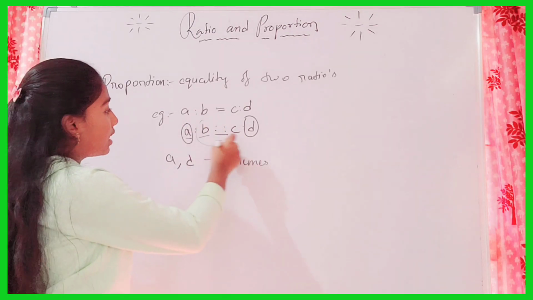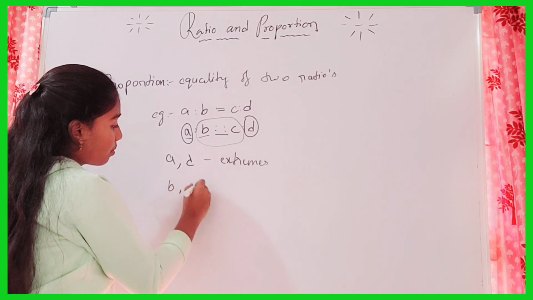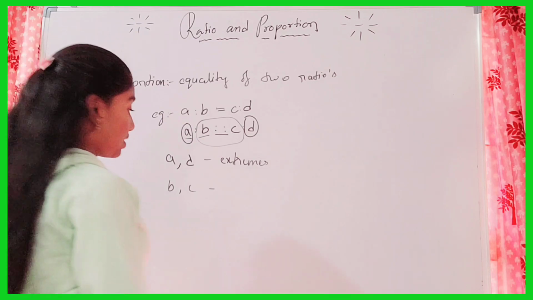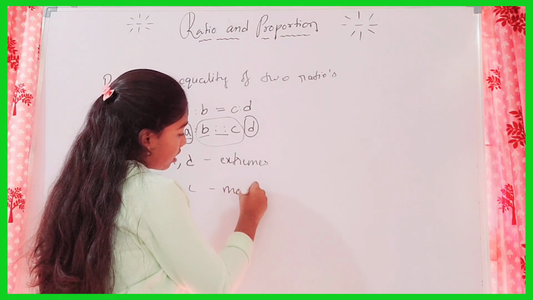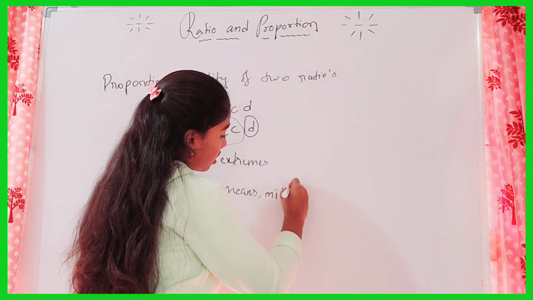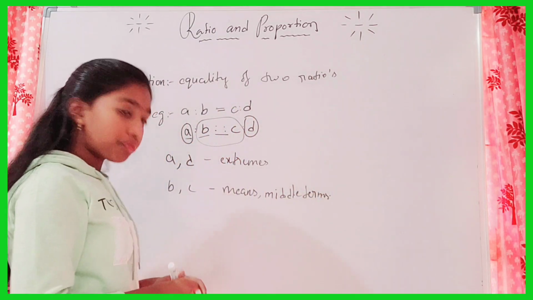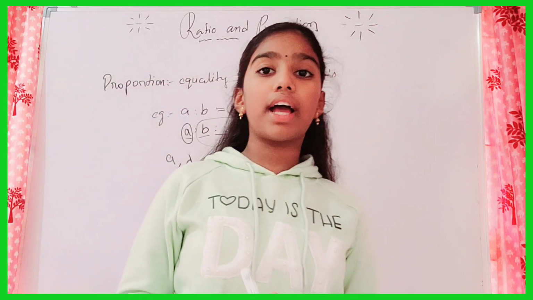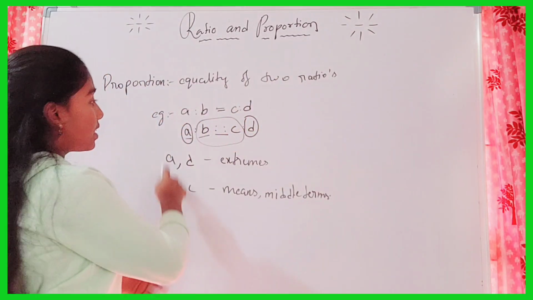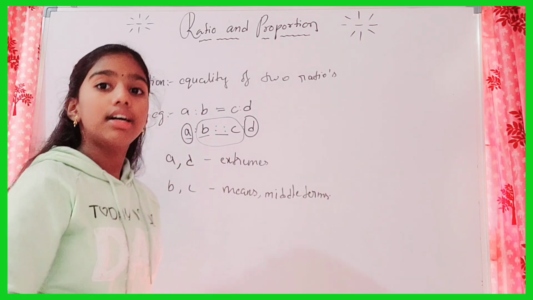The middle ones, B and C, are called the means, or we can say the middle terms. So the terms of proportion are extremes and means. A and D are the extremes, and B and C are the means.